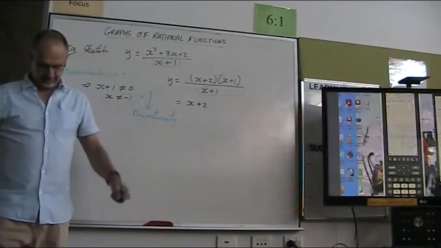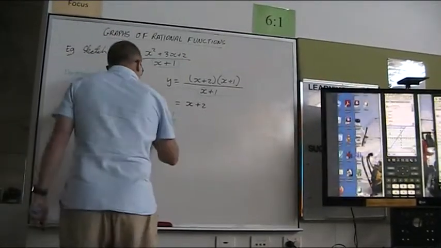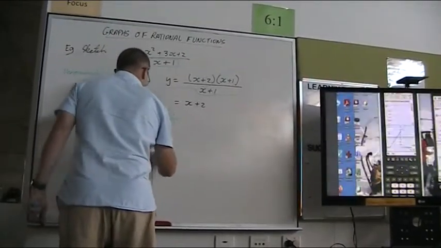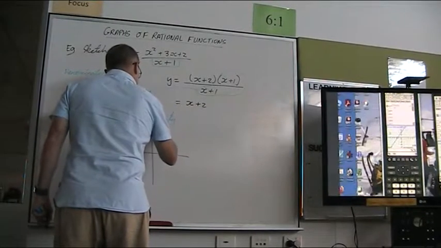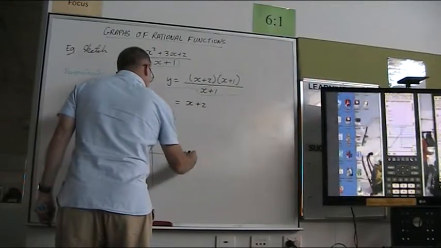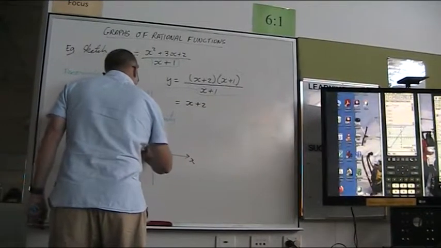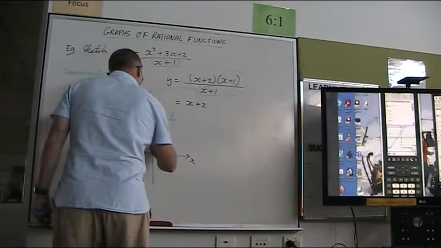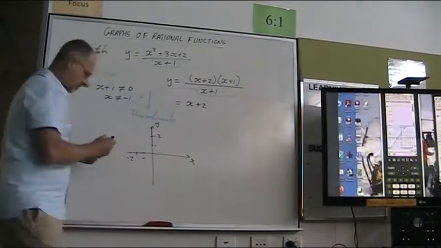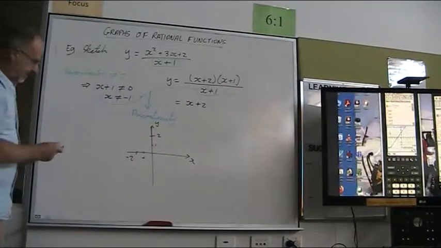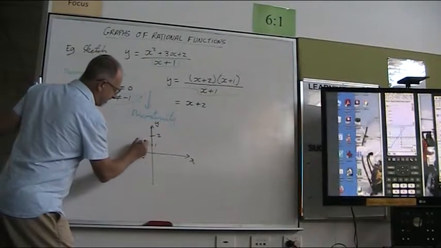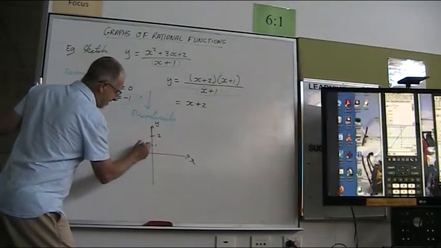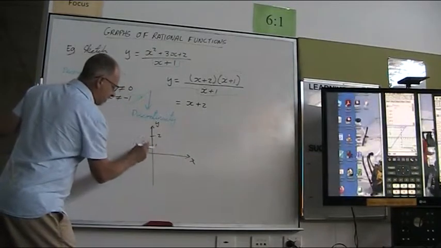So, how do we draw it? The way we draw it is like this. At that point, wherever it is, here, at -1, we put a circle.